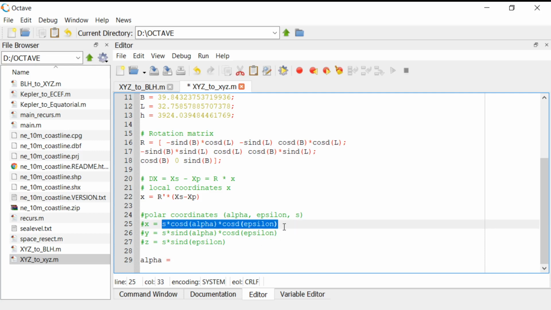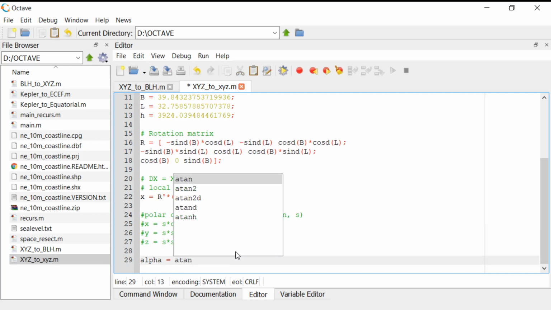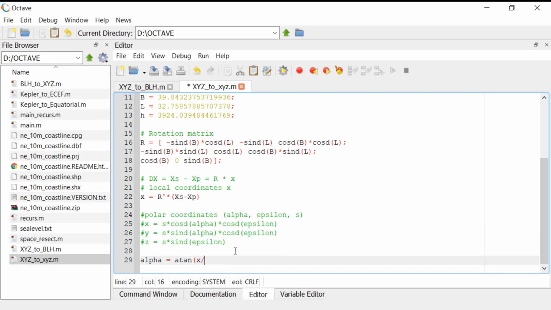You obtain that the s will be omitted, cos d epsilon will be omitted because they will cancel out, and the sine d alpha divided by cosine d alpha. This means that this is the tangent function. So that's why arctangent of y divided by x.